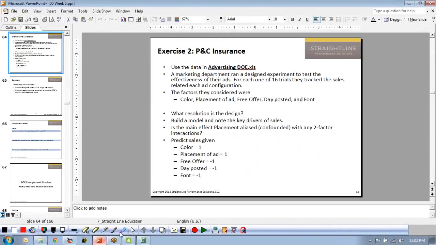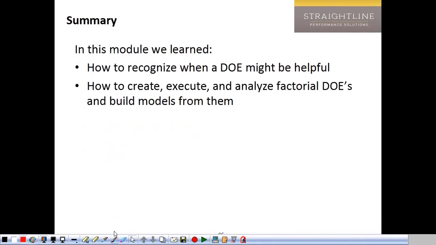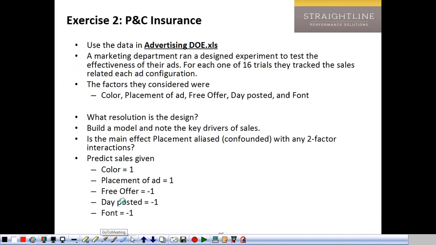Okay. So if we were going to plug into our model, color, well, color's not even in there, so this goes out. Placement of the ad, that gets a 1. Free offer gets a -1. Day posted gets a -1, and font was E, that goes out.